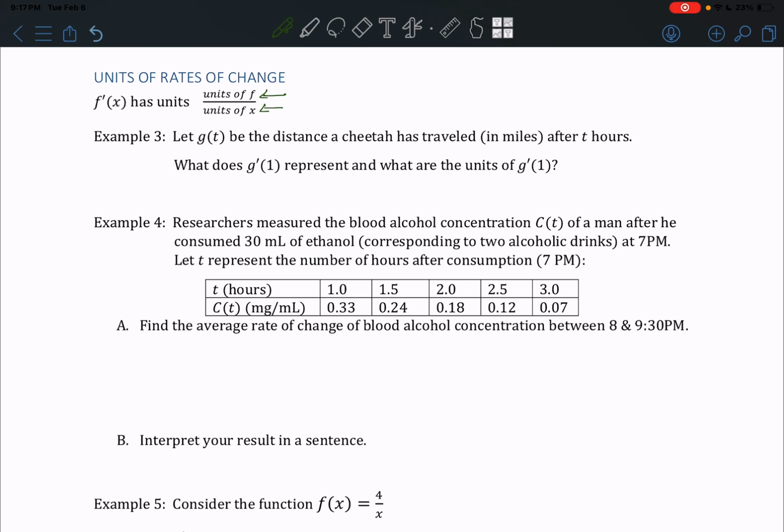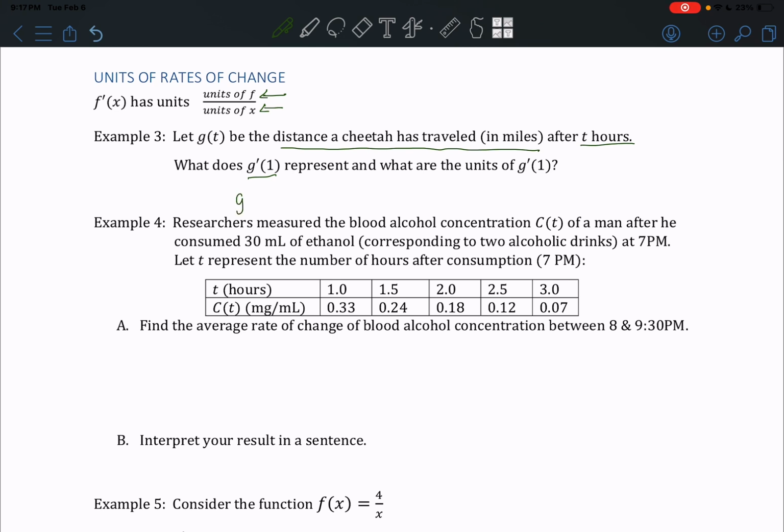Okay, so here, for example, example number 3: let g of t be the distance a cheetah has traveled in miles after t hours. What does g prime of 1 represent? It represents the derivative of g when t is equal to 1. In other words, the derivative means the instantaneous rate of change.